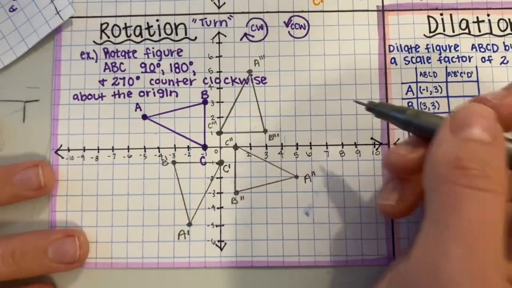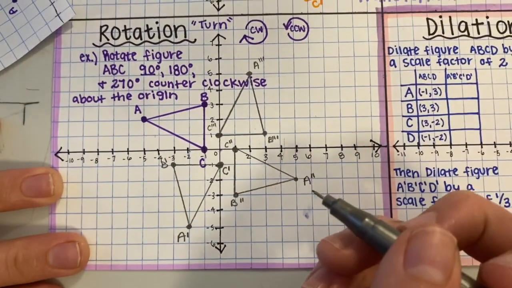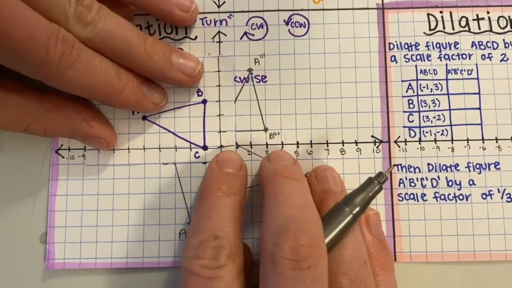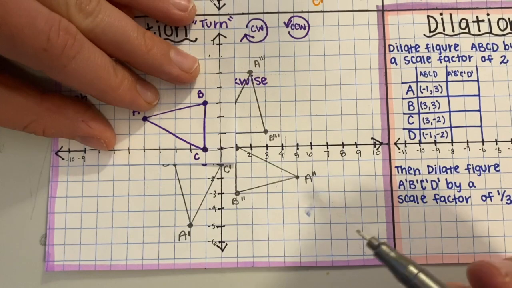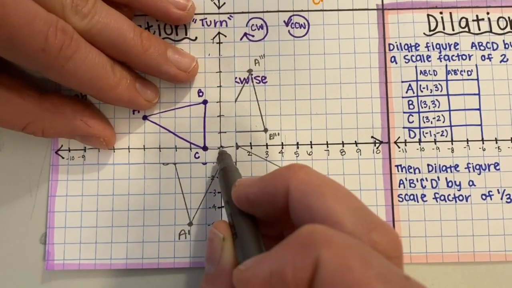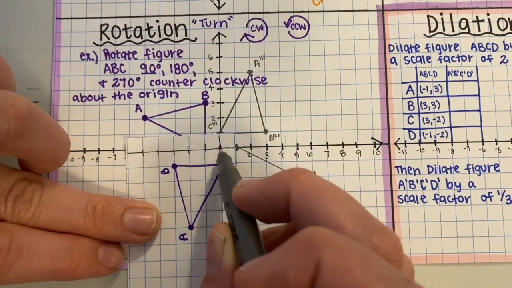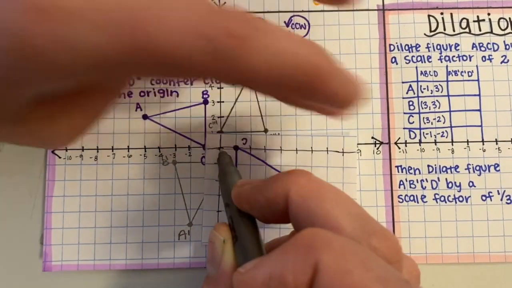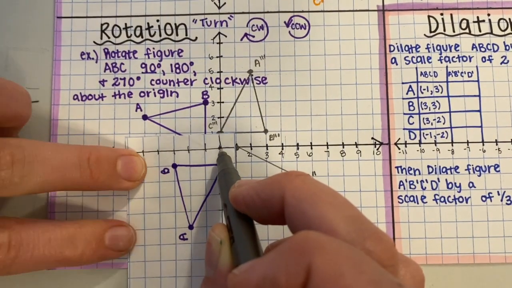But just quickly, one other thing to note is that there are only 4 different rotations that you can really do. You know that 90 degrees counterclockwise is the same thing as 270 degrees clockwise.